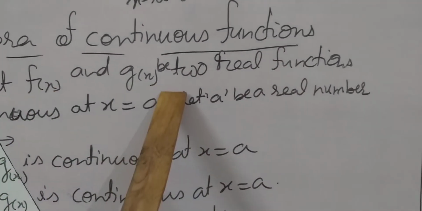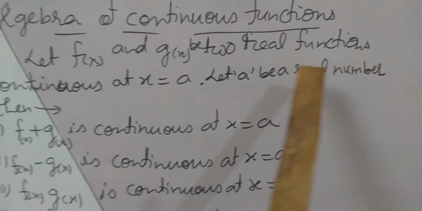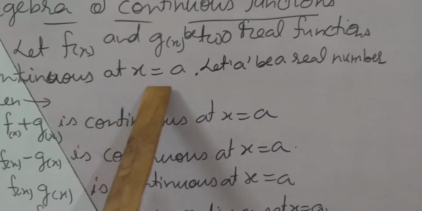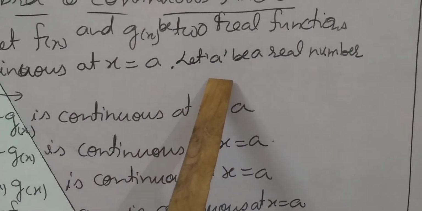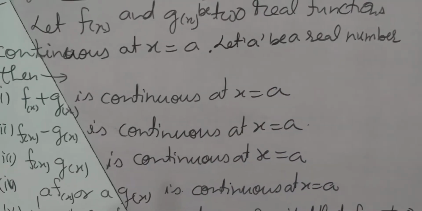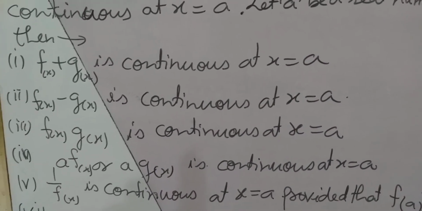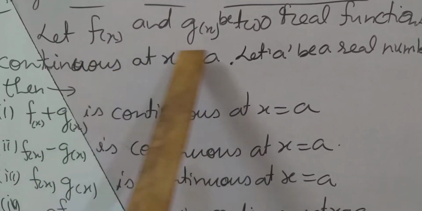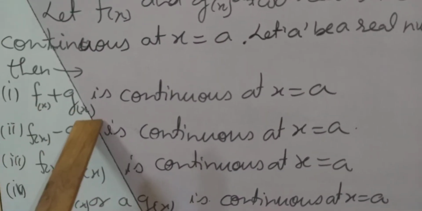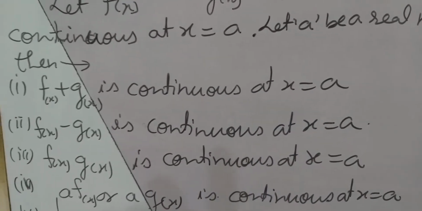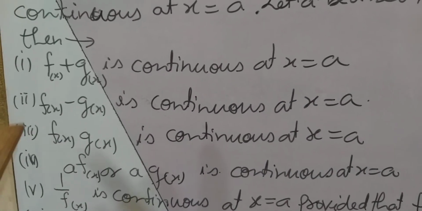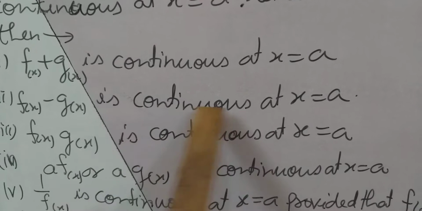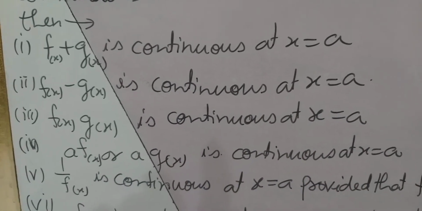Let f(x) and g(x) be two real functions continuous at x equal to a. Let a be any real number. Then, students, two functions are here, f and g. So their sum is also continuous at x equal to a. Their difference is also continuous at x equal to a.